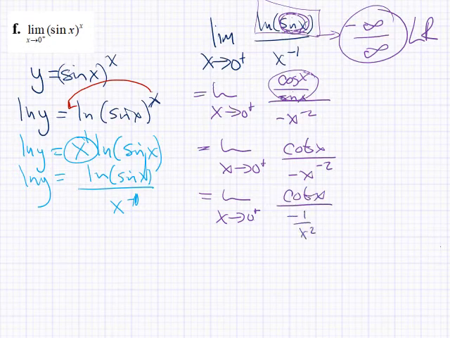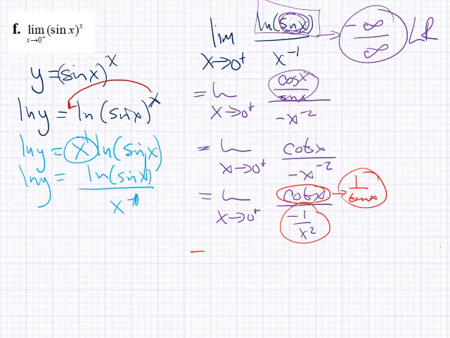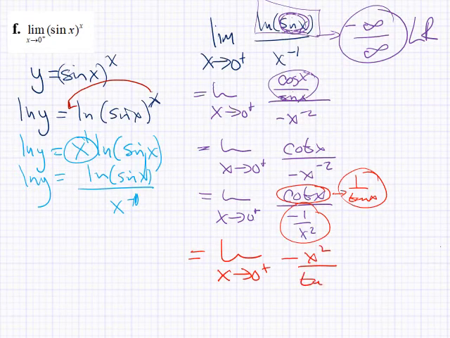And I should have written this differently. Cotan is the same thing as 1 over tan. I only do this because usually I think tan is easier for people to work with than cotan. But anyway, I have a fraction divided by a fraction, so I'm going to flip and multiply. Finally, I have the limit as x approaches 0 from the right of negative x squared over tan x.